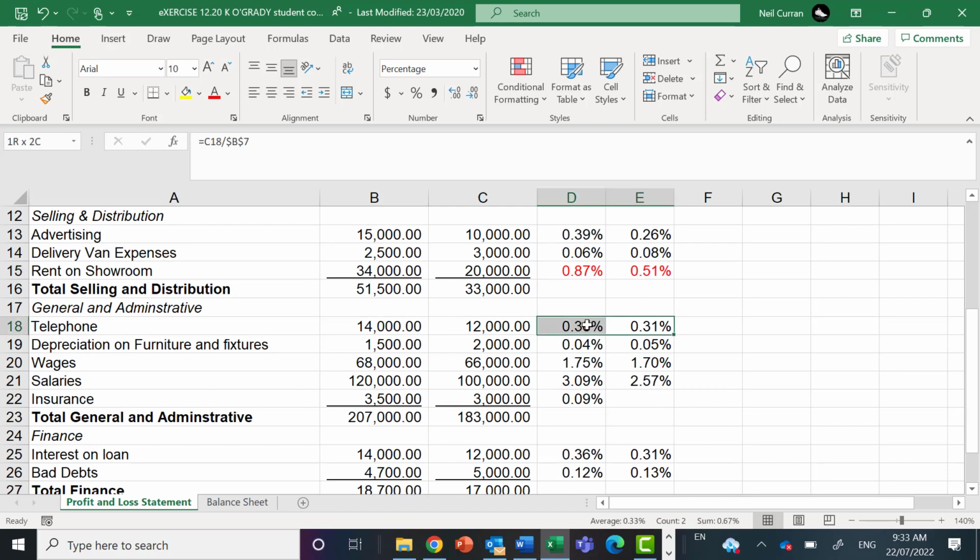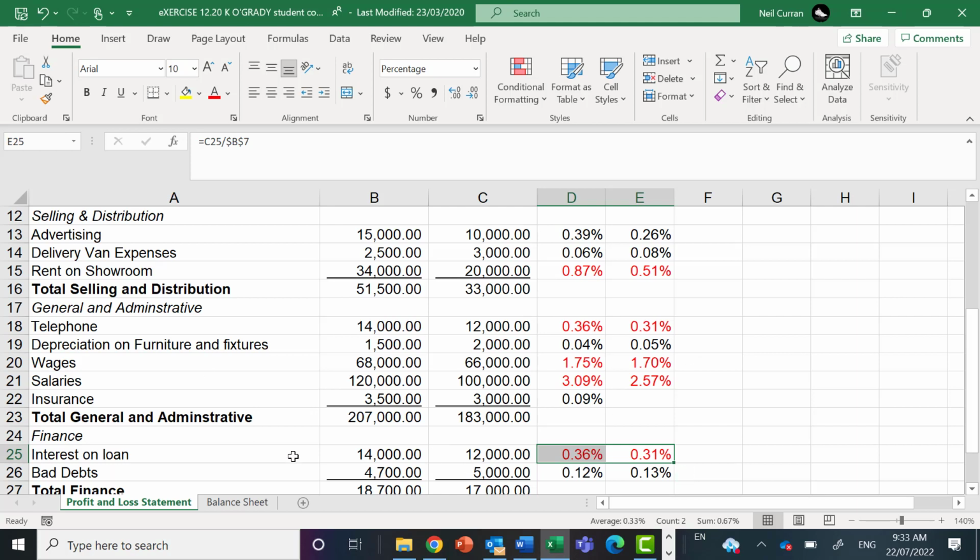We can also see here that telephone has increased as well from 0.31% of total sales to 0.36, along with our wages and also salaries and interest on loan as well. So these will be the expenses that you'll be discussing that have had a negative impact on our net profit ratio.